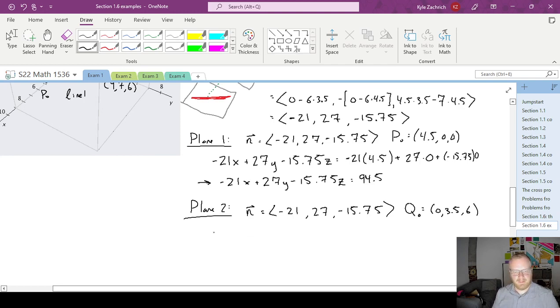So negative 21x plus 27y minus 15.75z is equal to, this time around, our d value: negative 21 times 0 plus 27 times 3.5 minus 15.75 times 6.